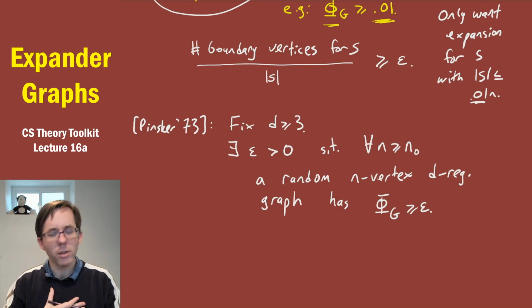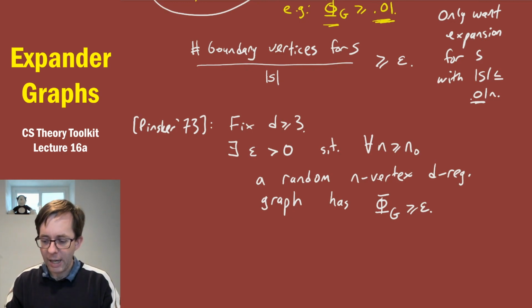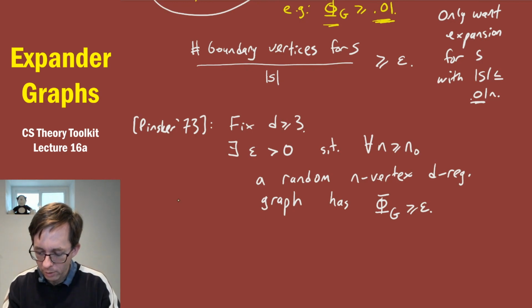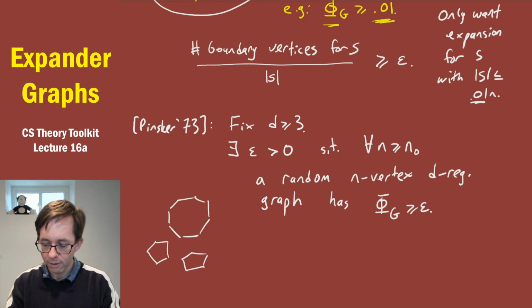By the way, you cannot make the degree much smaller than 3. Well, any smaller than 3. If you take a random 2-regular graph, what's a 2-regular graph? Well, it's just a collection of cycles. So if you take a random 2-regular graph, first of all, it probably won't even be connected.